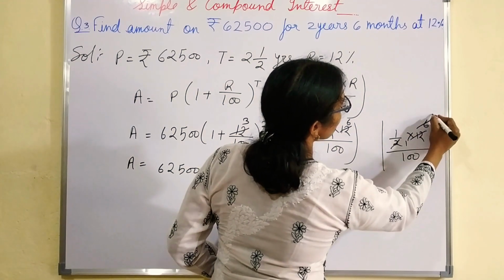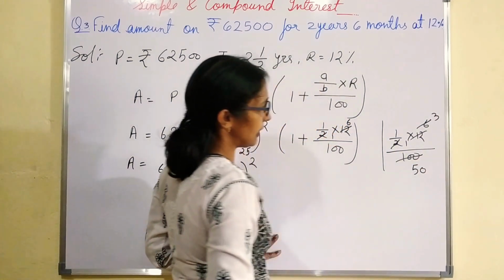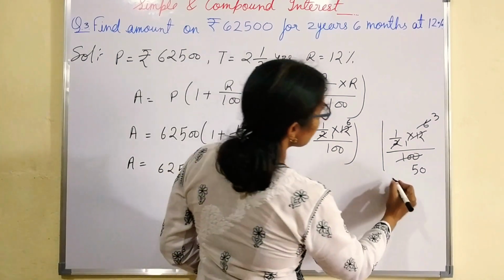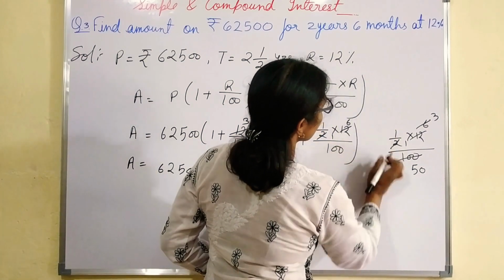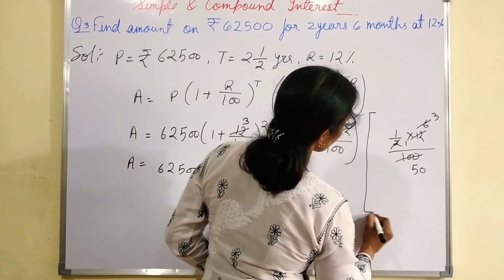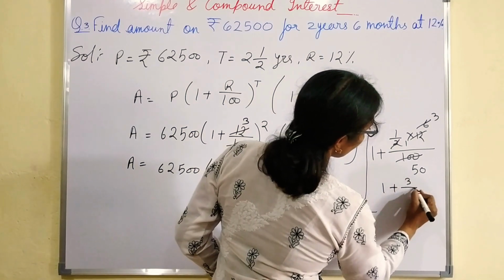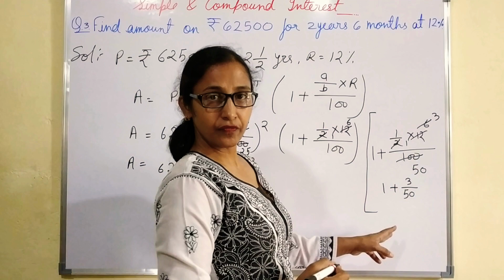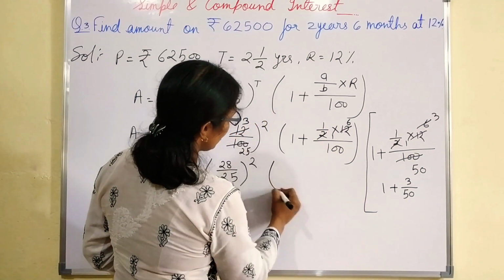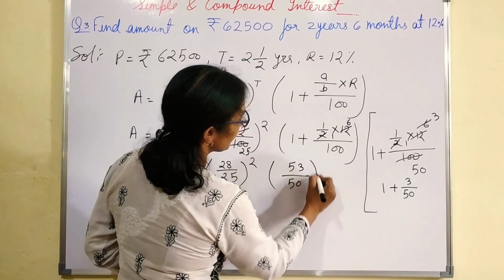Now 2 3s are 6, 2 50s are 100. It means it is becoming 1 plus 3 upon 50, that is 53 upon 50.